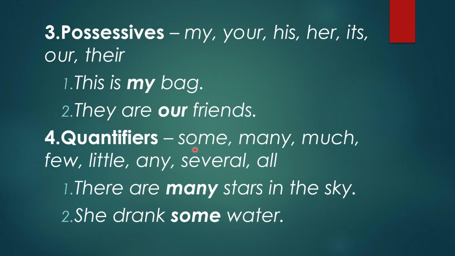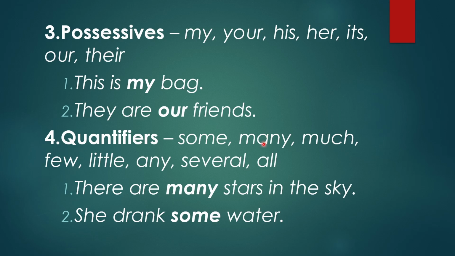For example, she drank some water. Some water means an unspecified amount she drank. In the same way, it can be used for countable nouns: I have some friends. So some is used with both countable and uncountable nouns when the number or amount is unspecified.